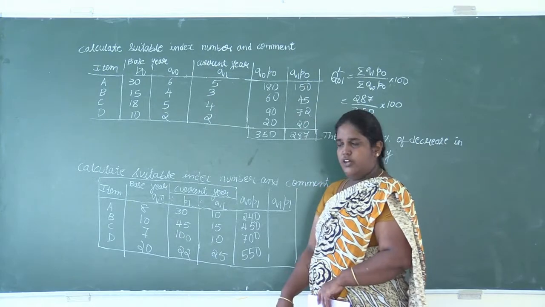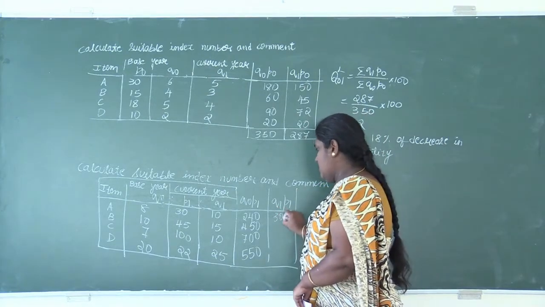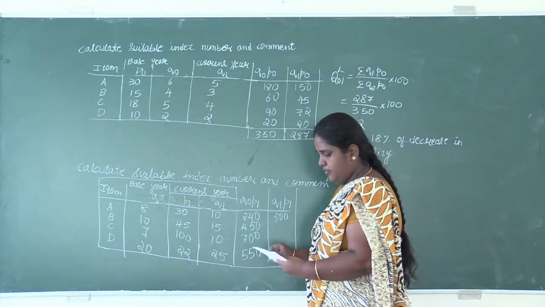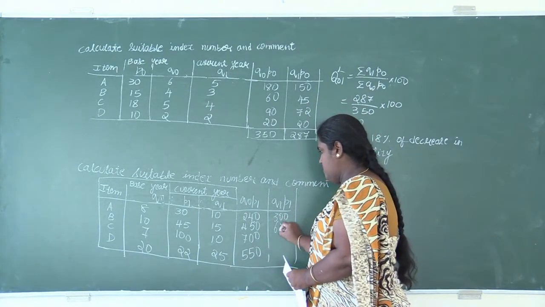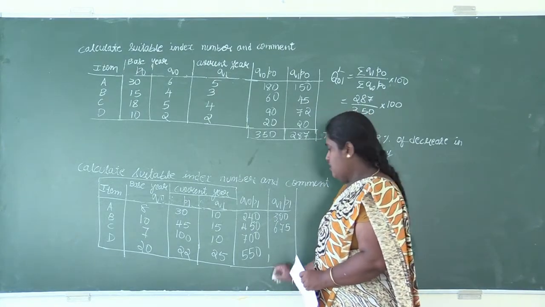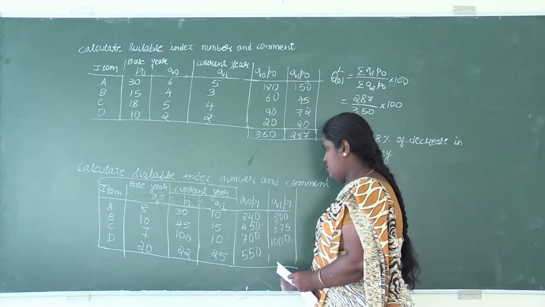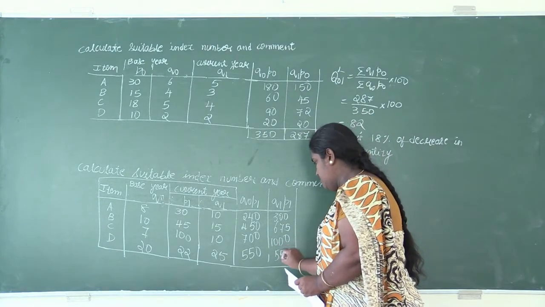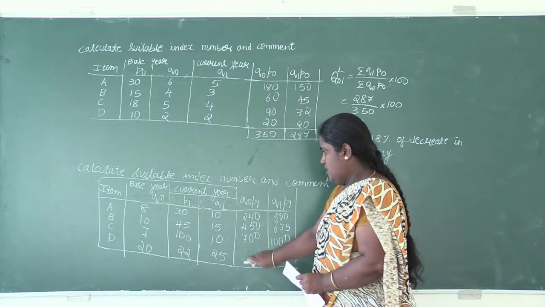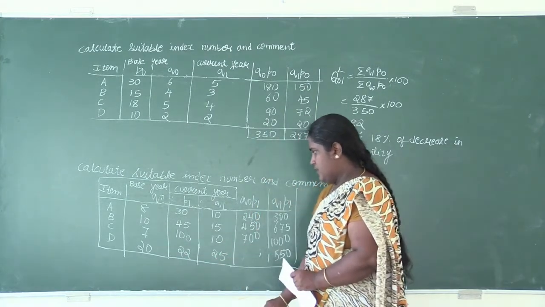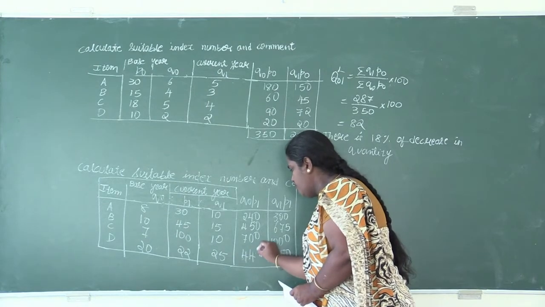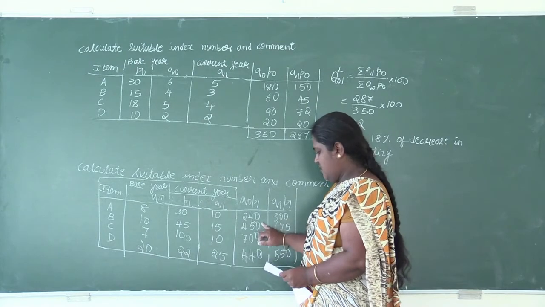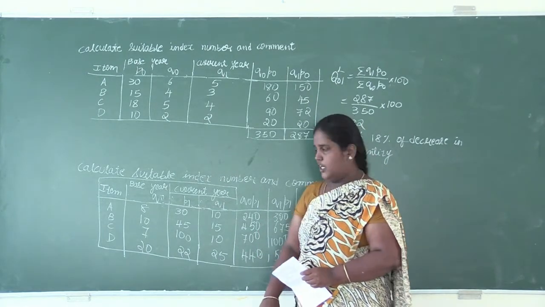Then Q1 and P1: 30 into 10, 300, 45 into 15, 675, 100 into 10, 1000, 22 into 25, 550. So here it is not 550 for 20 into 22, make the correction that it is 440. So Q0 P1 values are 240, 450, 700 and 440.